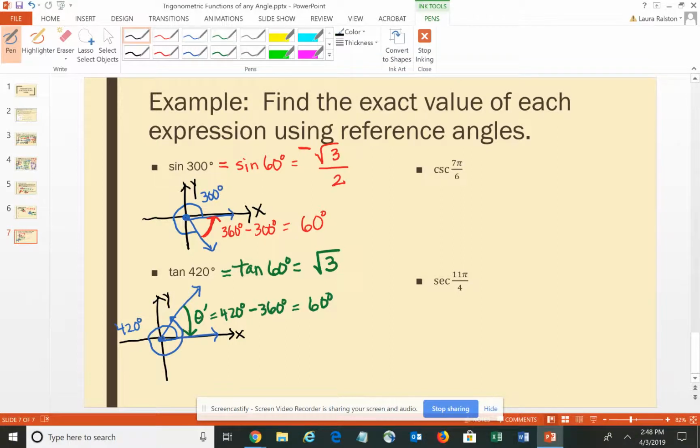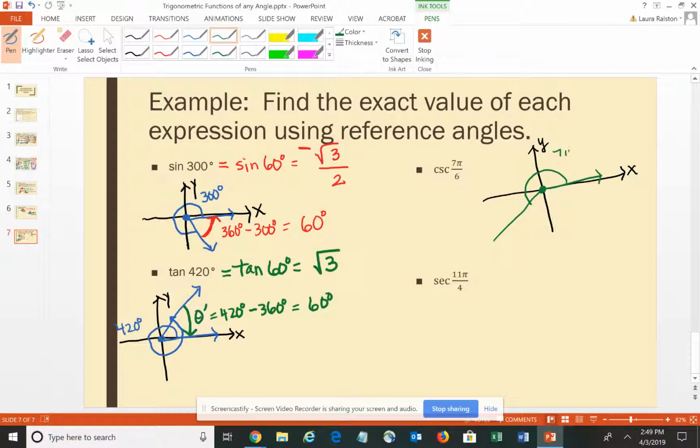If we do the cosecant of 7 pi sixth, I put my angle in standard form. Halfway would be 3 pi sixth, here's 6 pi sixth, and then a little bit more would make 7.